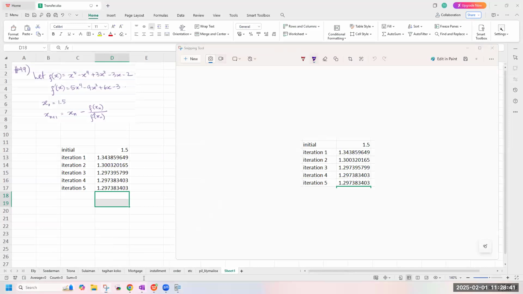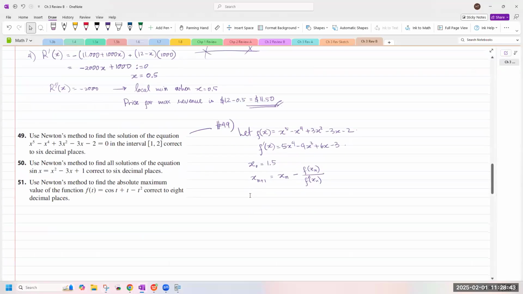Let me copy that back here. Boom. Okay, so it is correct to 6 decimal places. In fact, it is correct to 9 decimal places, right? To 6 decimal places, actually iteration 4 is close to 6 decimal places already.